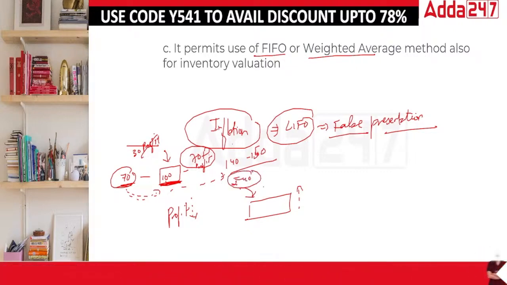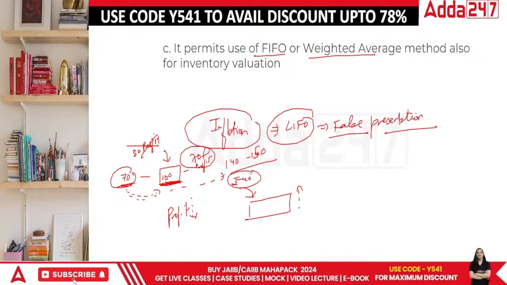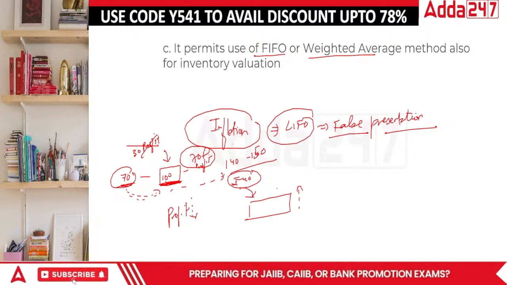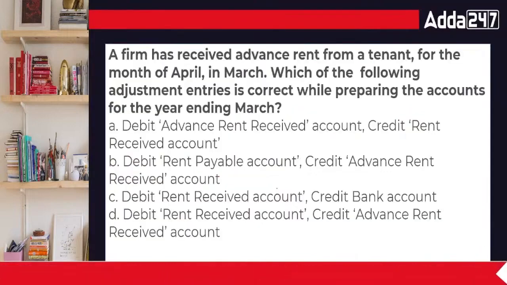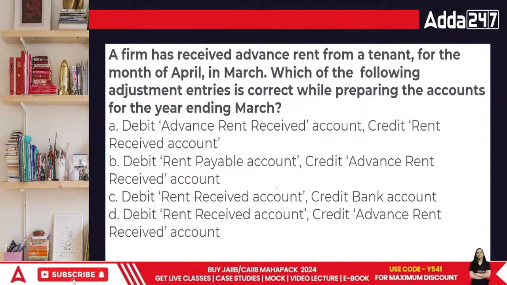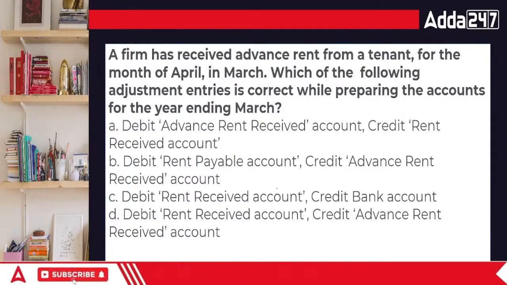So aren't you having a situation where your profit is shown at a price which is not true? Isn't it? That's the reality. That is why LIFO is something which doesn't work in inflation. During inflation, it shows pathetically wrong results. The results are definitely not reliable. So they say, if it is not reliable, then let's not keep it, because weighted average and FIFO, these two methods are very sorted about these things.